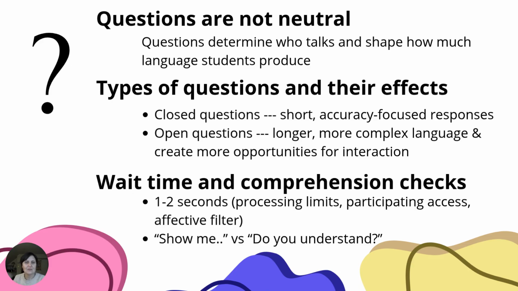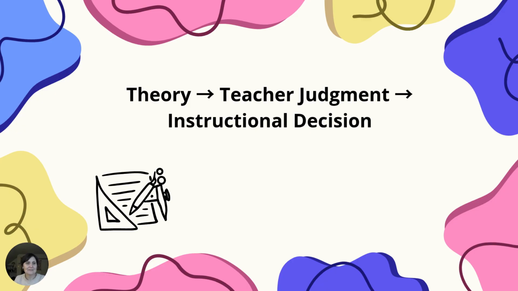And if there is more opportunity for interaction, it means that there is more opportunity for you to prompt, there's more opportunity for you to scaffold the learning, both content area learning and language learning. So please be mindful of how you're using the questions. And there are other important things mentioned in the chapter that I'm not going to retell. So the takeaway is theory leads to teacher judgment, and teacher judgment leads to better instructional decisions.